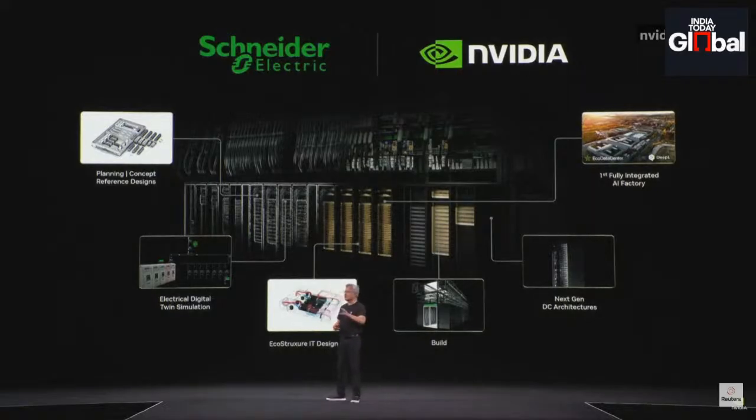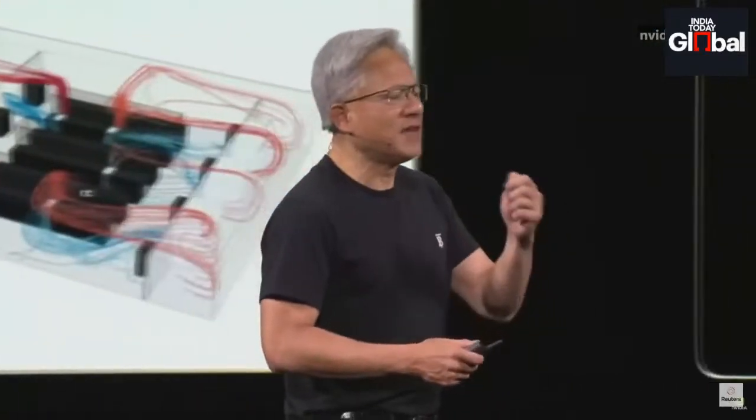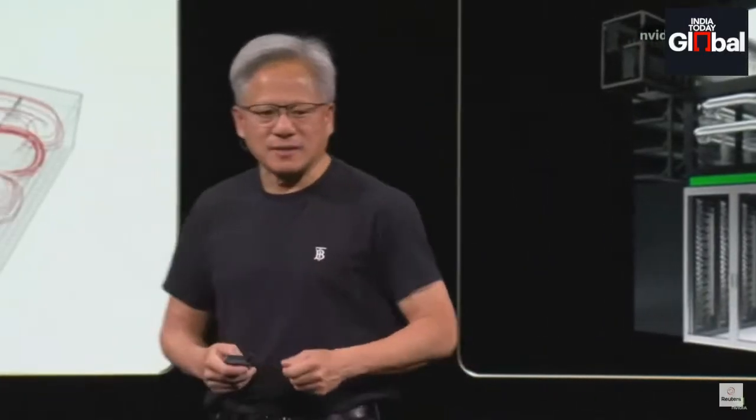These AI factories are so expensive. $50 billion sometimes, $100 billion in the future. If the utilization of that factory is not at its fullest, the cost to the factory owner is going to be incredible. And so we need to digitalize and use AI wherever we can, put everything into Omniverse so that we have direct and constant telemetry.